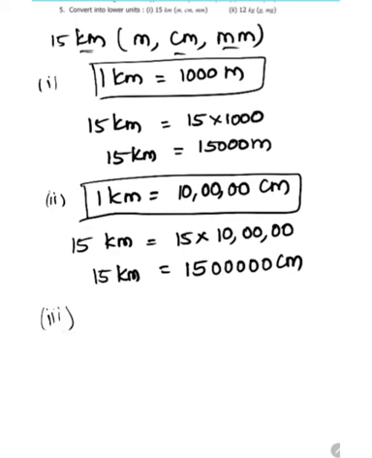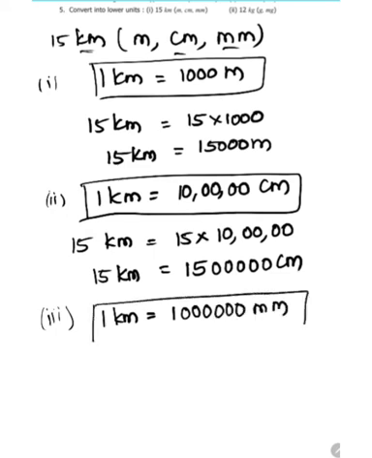Then third one is kilometer to millimeter. So 1 kilometer is equal to 1 crore. How many zeros will come? 6 zeros, so 1 2 3 4 5 6.